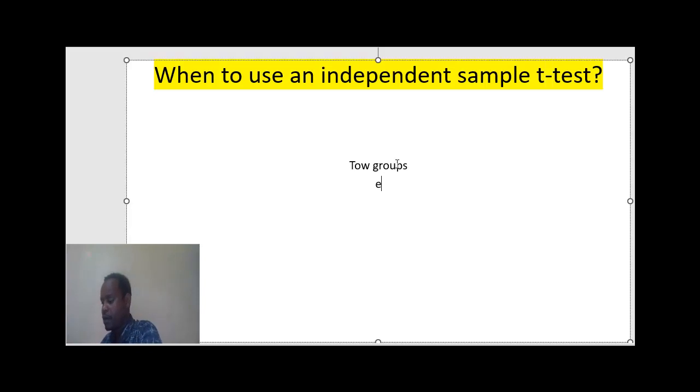Okay, example, female students and male students. Okay, another example of two groups is rural residents and urban residents.